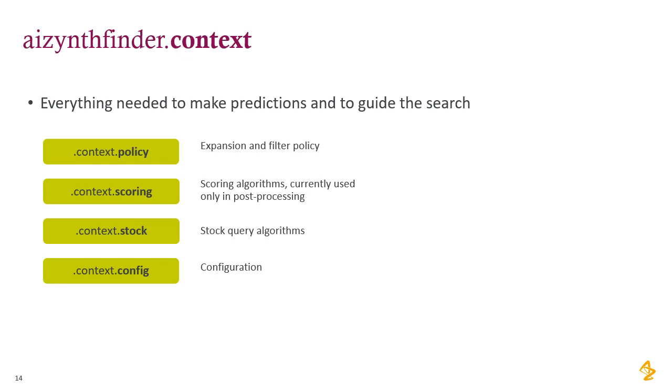So we have a policy subpackage which contains expansion and filter policies, a scoring package which is this framework for scoring routes that is currently only used in post-processing. Then we have a stock package that contains stock query algorithms, and finally we have a config package.